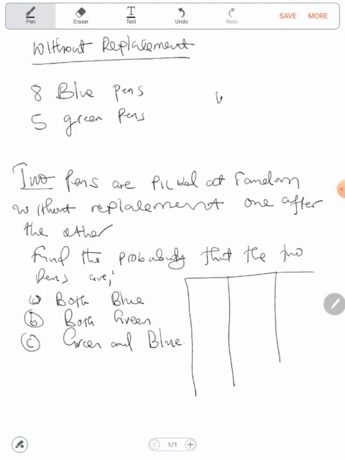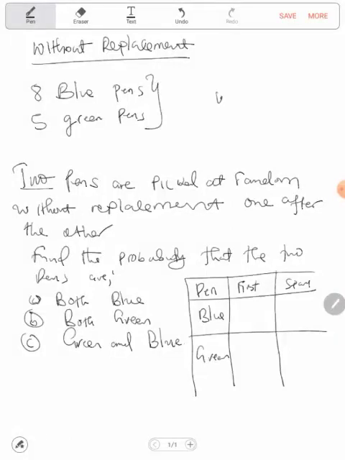So we're going to have this. I'll make a table. I'll put pen, first selection, second selection. I'll put blue and I'll put green. We know that the total of pens here is actually 13, so whatever outcome, it has to be out of 13.